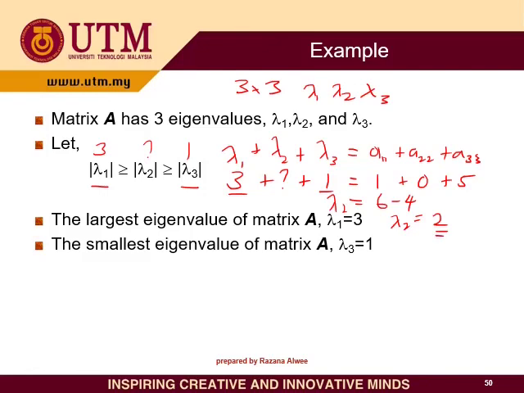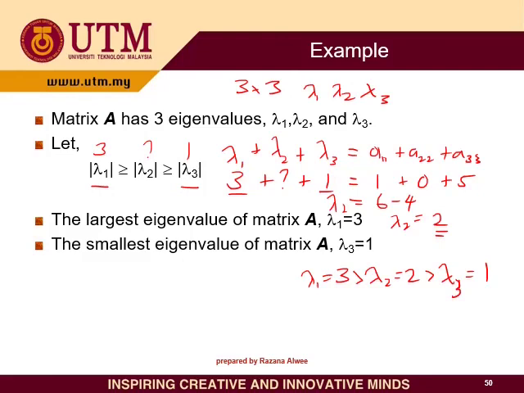So we have found our lambda 1, 3, lambda 2, 2, and lambda 3, 1. Lambda 1 is bigger than lambda 2, which is bigger than lambda 3.